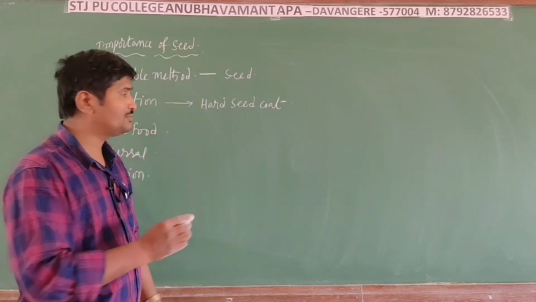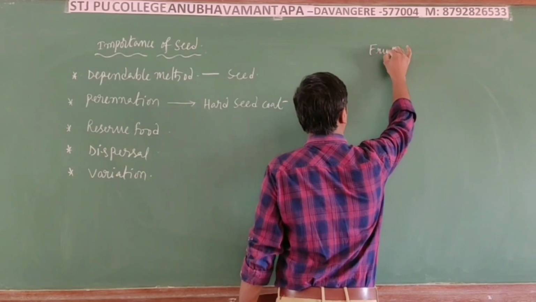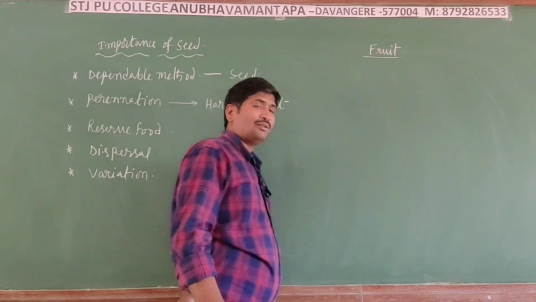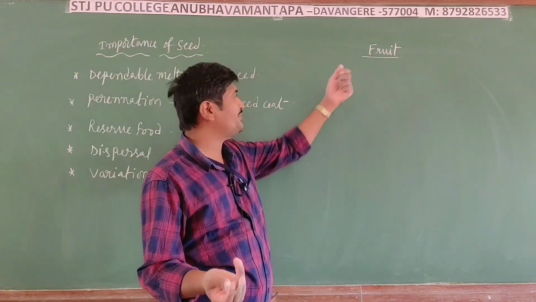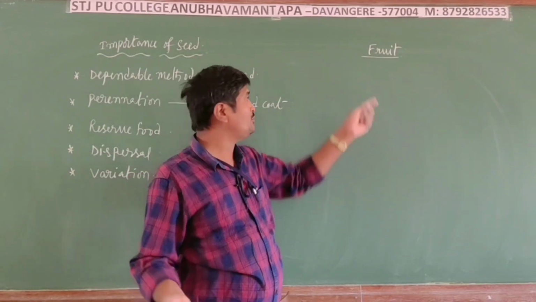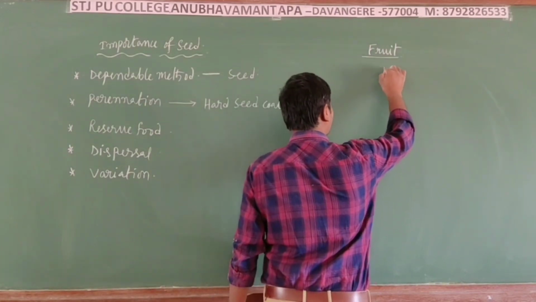So next one, fruit. What is fruit? The ripening of ovary is known as the fruit. After fertilization, the ovary is developed into the fruit. So generally the fruits are mainly of three categories.